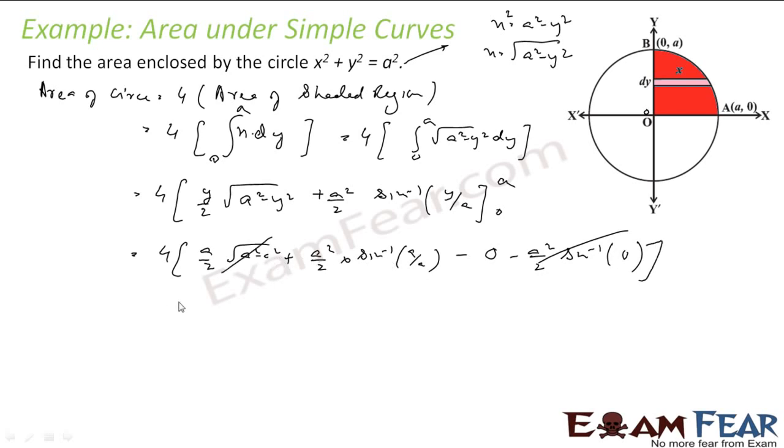So what you get is 4 into a square by 2, correct, into sine inverse 1 is pi by 2, and that is nothing but pi a square, and that is my answer. So you get the same answer in both cases. You solve the question by making y variable or x variable, you get the same answer.